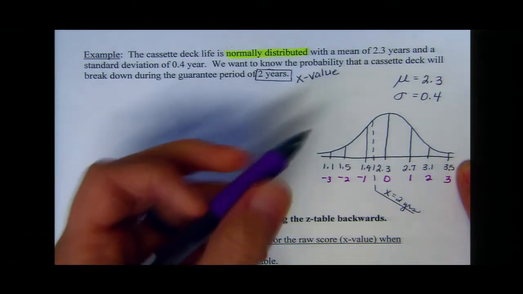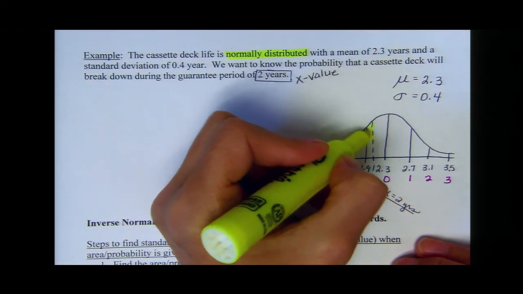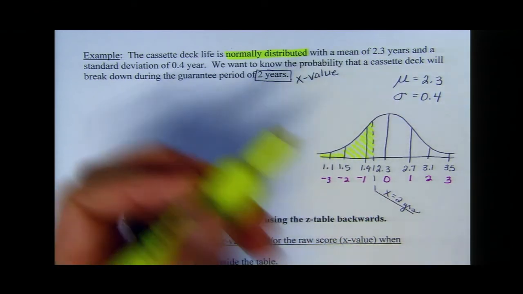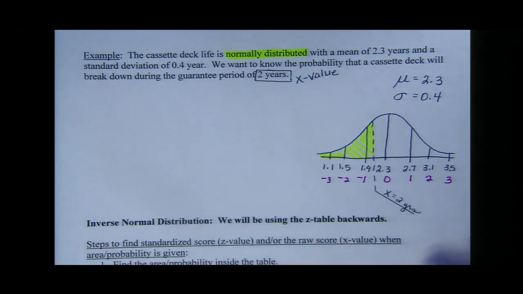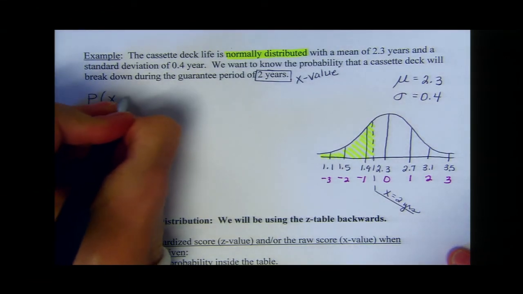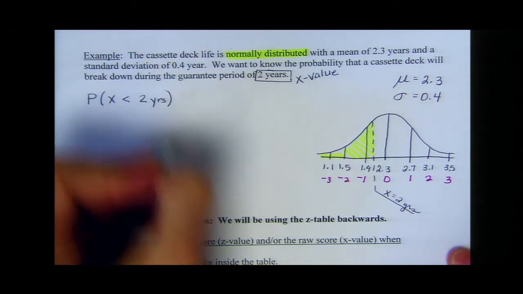Well, hopefully that makes sense to you, that they guarantee it from the time you buy it up until the 2 year period. So what we're dealing with is a less than statement here. So we want to know the probability that they will guarantee it in 2 years. So that would be less than.